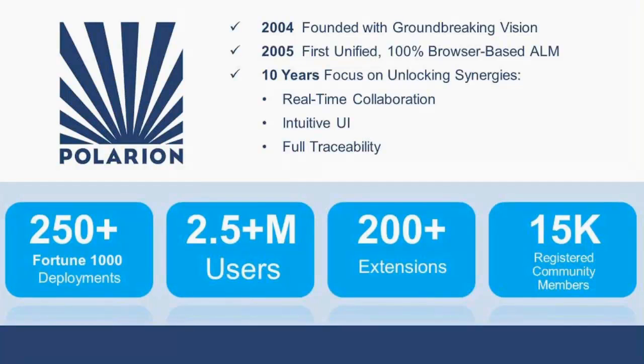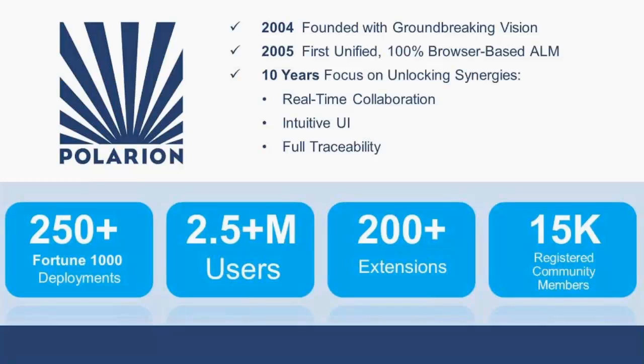We currently have more than 2.5 million users using solutions of Polarian software, also working strongly with the open source community, where we also deliver some products to the open source community. And like I said, for example, our extension portal, you should really have a look at it. More than 200 extensions are currently available at this extension portal to add more functionality to your Polarian server.